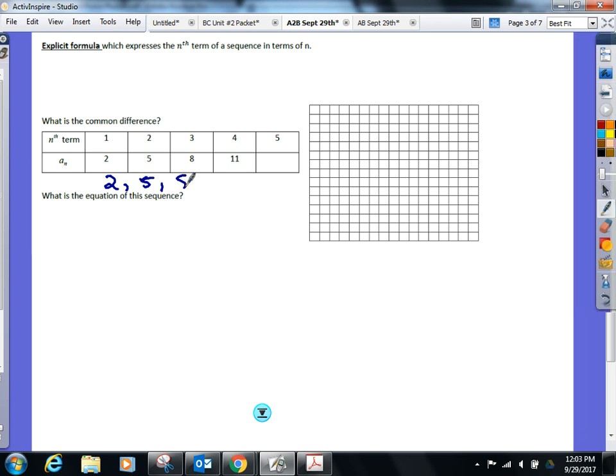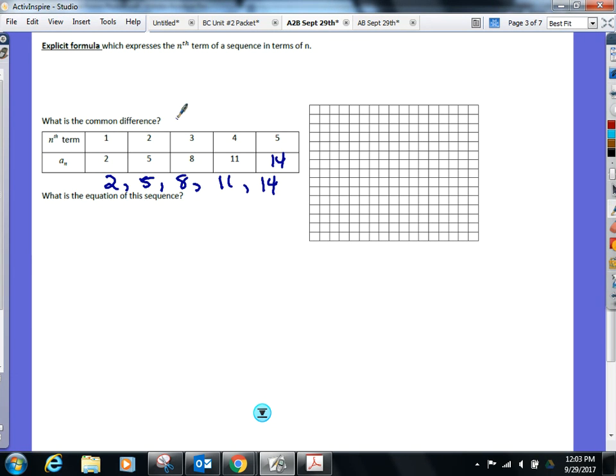Next one, Annika. 14. How'd you know that? Adding 3 makes this sequence what? Arithmetic, perfect. And you said you were adding 3. Give me a name for the number 3 in this case.